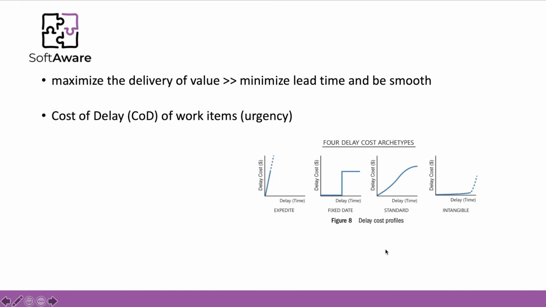Quite different from what happens when considering an intangible urgency, where there is no foreseen cost of delivering the work item with delay. The standard urgency is where the delay is directly correlated to the cost of a work item. And the fixed date implies that there is no cost of delay up until a certain date, after which there is a huge increase in the cost of delay.